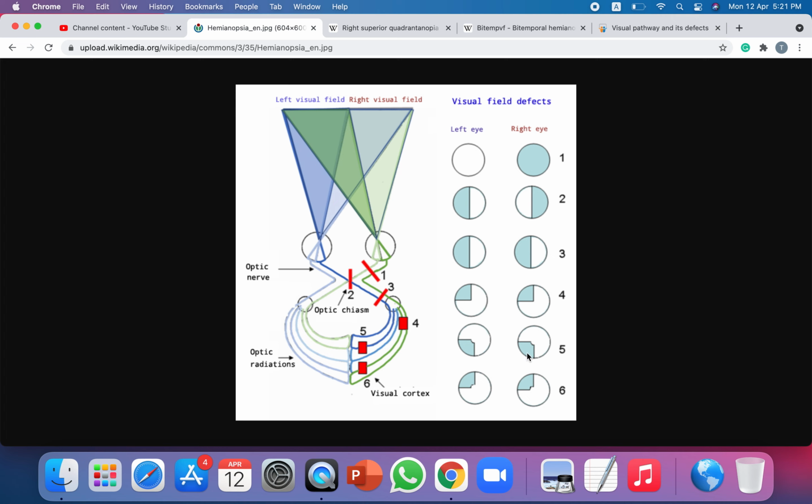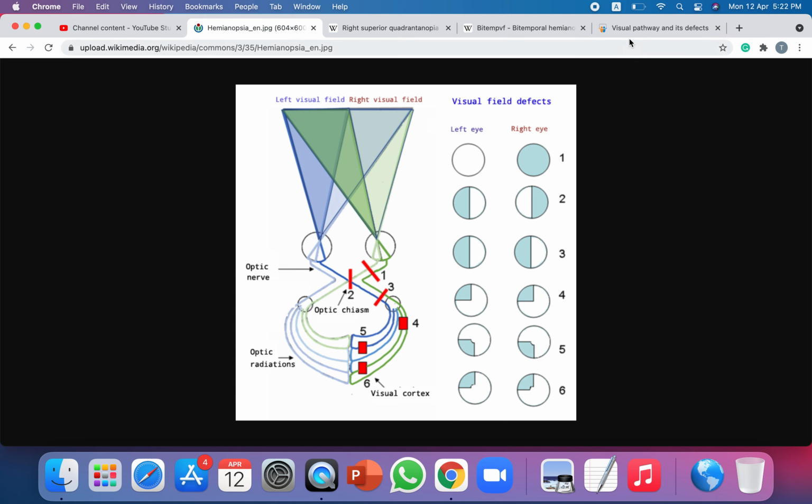Now, what happens when the parietal lobe is injured? Parietal radiation is injured, because we know optic radiation has two parts, parietal radiation and temporal radiation. So temporal radiation will cause superior quadrantanopia, and parietal lesion will cause inferior quadrantanopia.